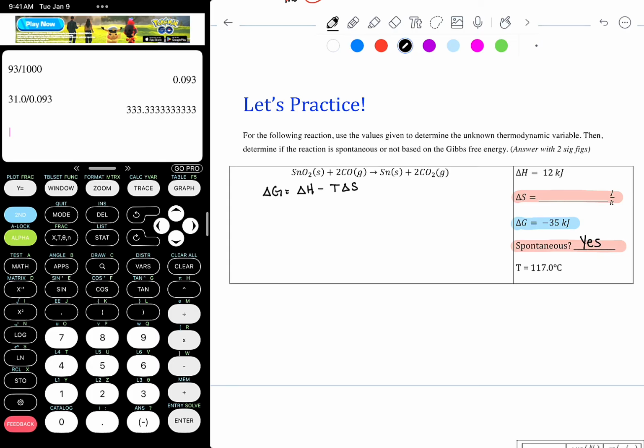I personally like to rearrange my equation before I plug my values in. First, so I don't make a sign error, and second, just to make sure that I'm getting everything in the right spot. So if I'm wanting to solve for delta S, I'm going to want to isolate it on one side of my equal sign.